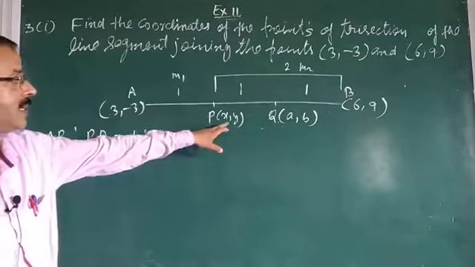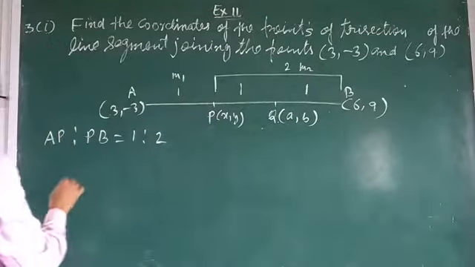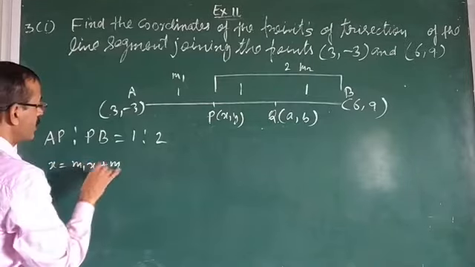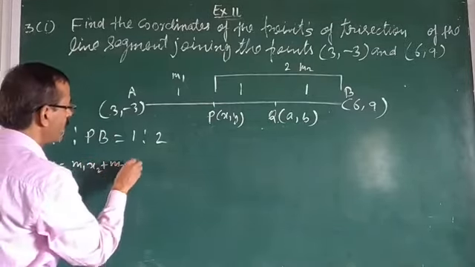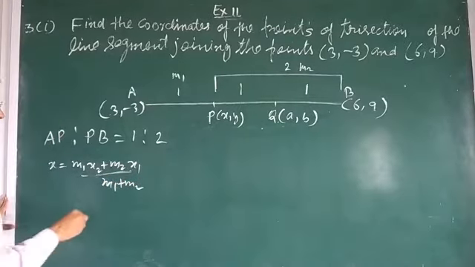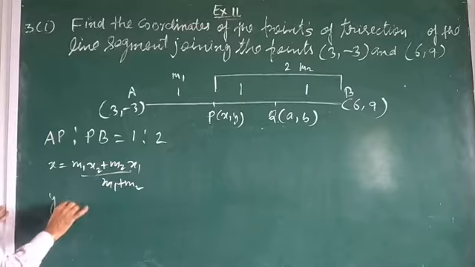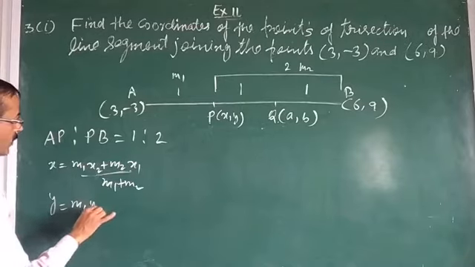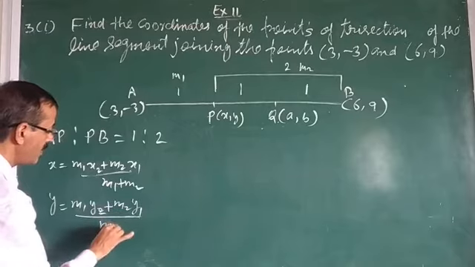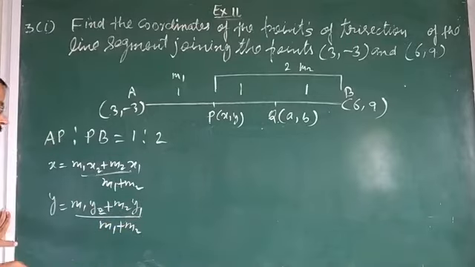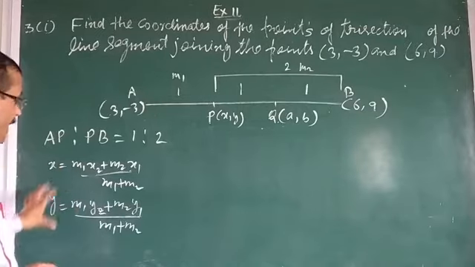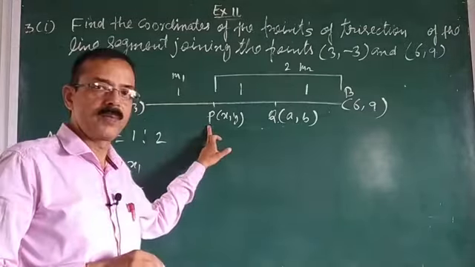The formula for x is x = (m1 x2 + m2 x1) / (m1 + m2), and y = (m1 y2 + m2 y1) / (m1 + m2). Using these 2 formulas, we find x and y for point P.